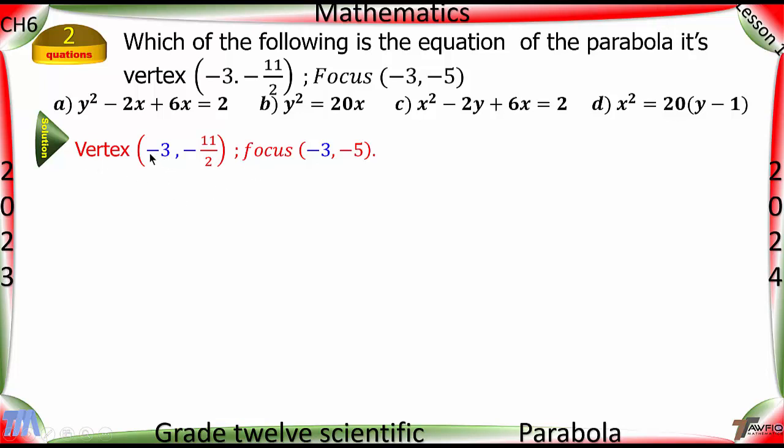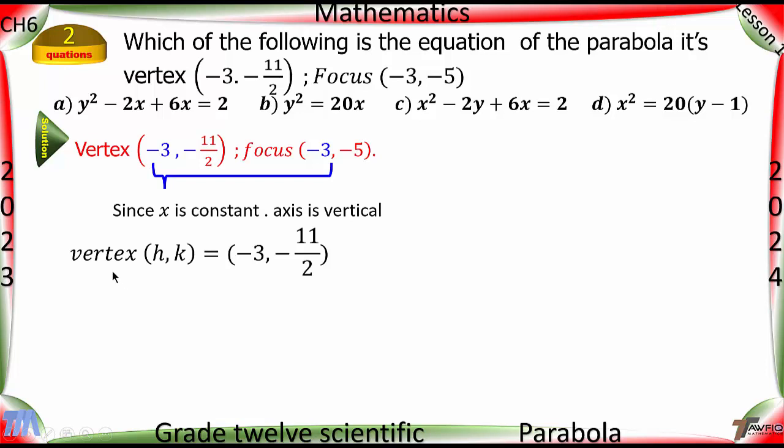Because x here is minus 3 and x here is minus 3, that means the axis is vertical because x is the same. So the vertex is (h, k), and we have the vertex (-3, -11/2). So it gives us that h is minus 3 and k is minus 11 over 2.